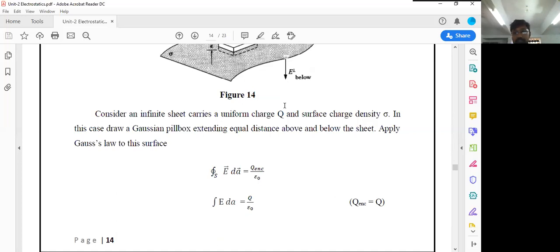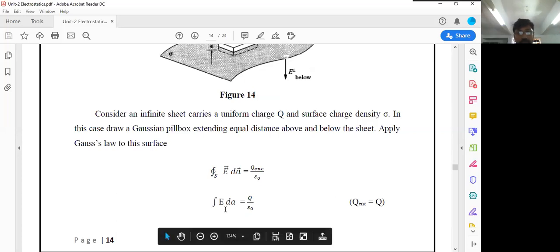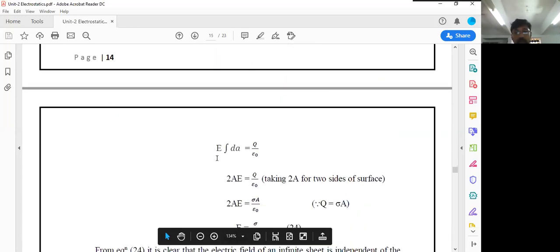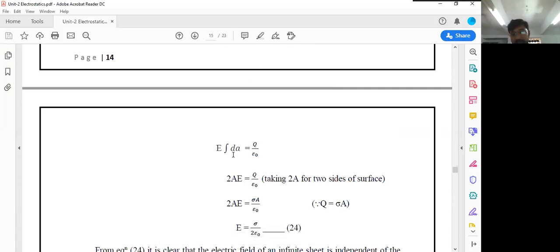And again E dot dA equals E dA cos theta, and cos theta value is 1. So now we write the integral of E dA equals q upon epsilon 0. One more time, electric field comes out of the integration, so E times the integral of dA equals q upon epsilon 0.